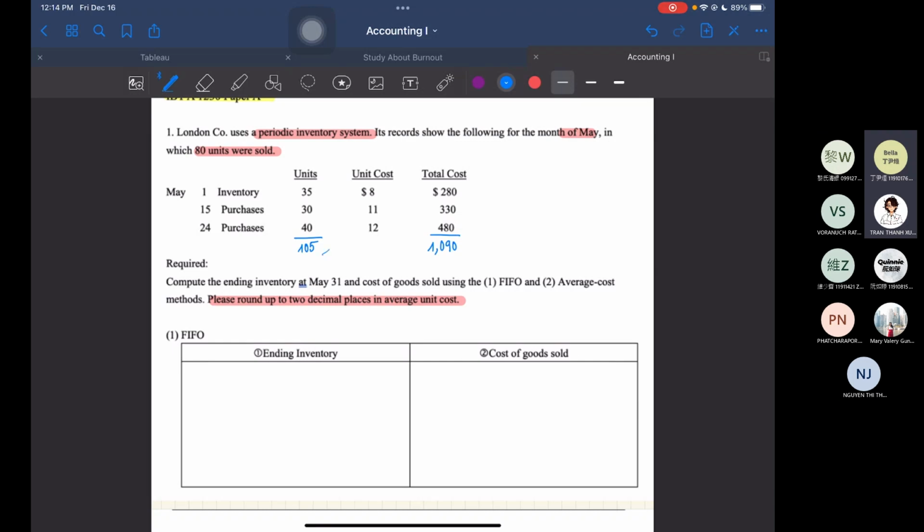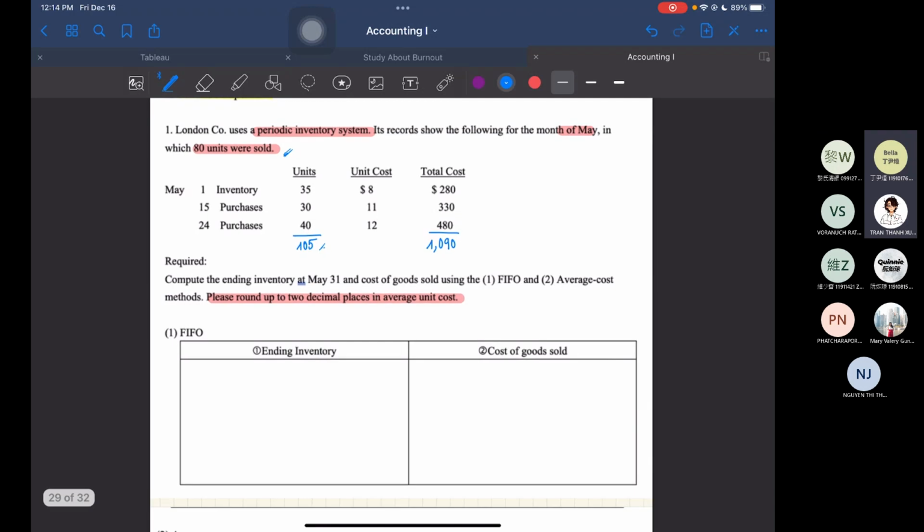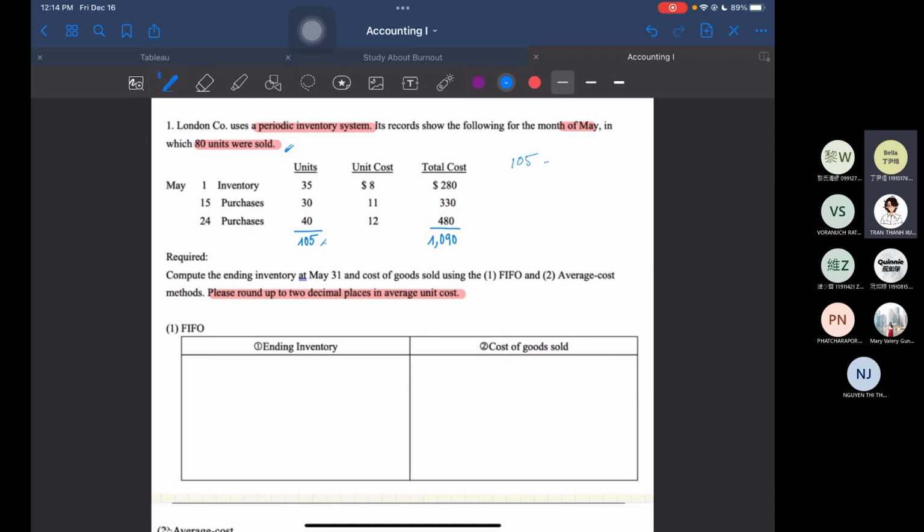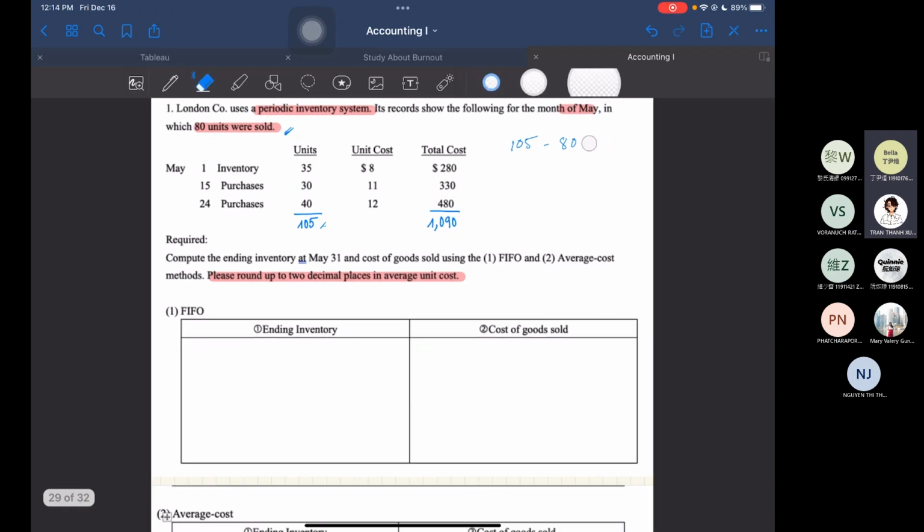This is the beginning. No, this is available for sale, and this is already sold. So right now, in order to check how many items I have, I take this number, 105, minus 80, then I get 25. 25, isn't it? Do you understand what I'm trying to say?